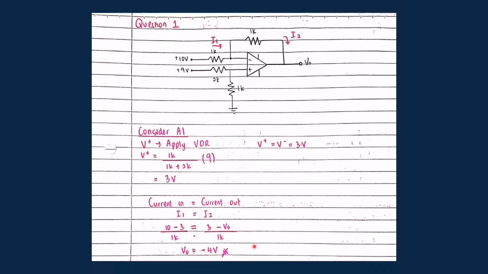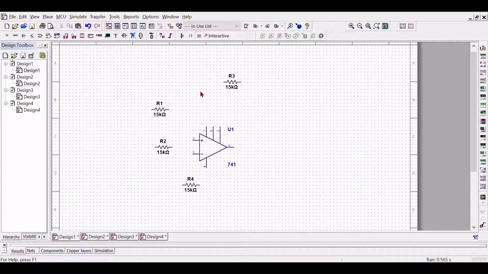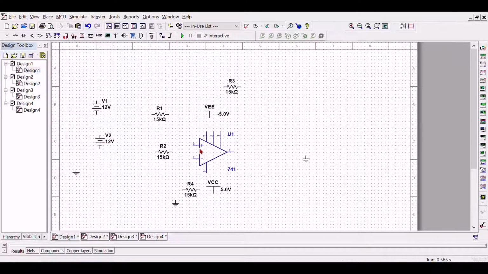Alright, so to confirm this is the right answer, I do the simulation part. Alright, let's go to the simulation part. Okay, so for the simulation part, first of all, I place all the components needed, which is the operational amplifier, the resistors, the ground, the voltage supplies, VEE, VCC, and also the multimeter.